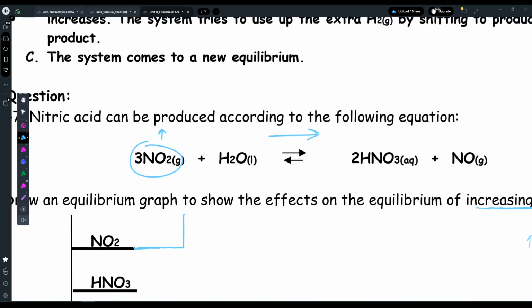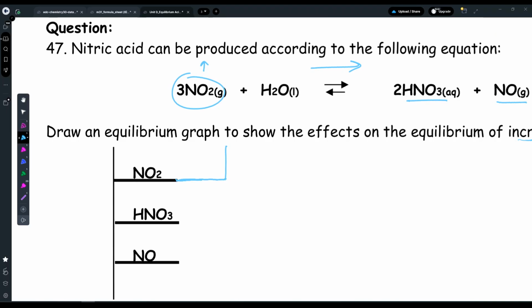So for our gradual lines, nitric acid and nitrogen monoxide are going to be produced as some of this nitrogen dioxide gets used up in the forward reaction.